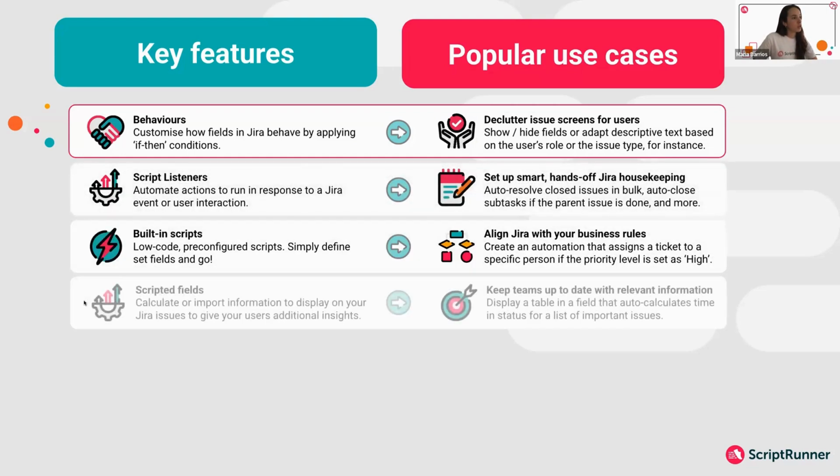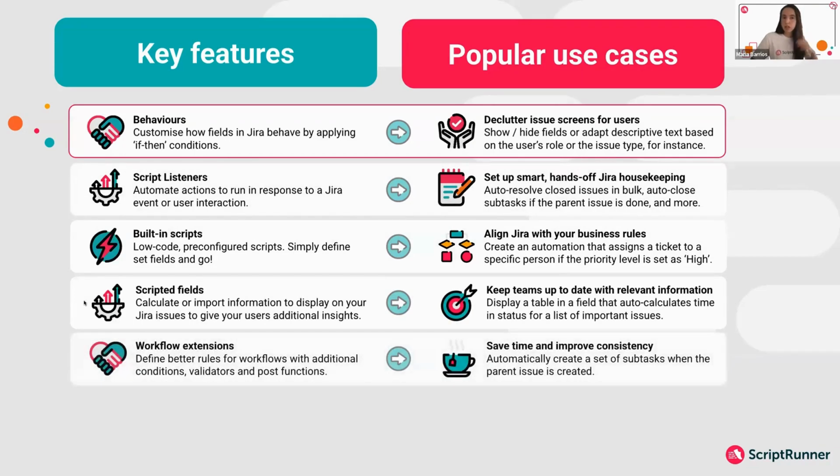I'm going to show you the rest of the slide, like auto-resolving closed issues in one go through script listeners, or displaying informational calculations automatically with scripted fields, automatically creating a set of subtasks when a parent issue is created with workflows, and much more.